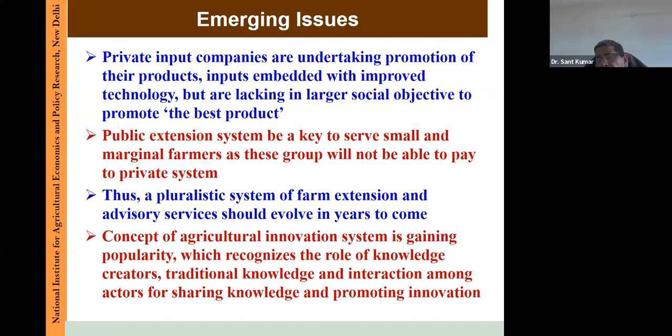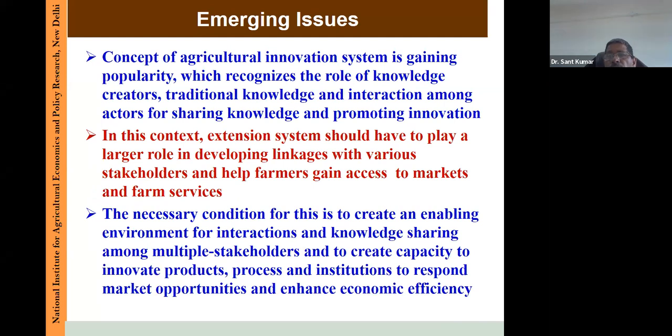So the concept of agriculture innovation system is gaining popularity, which recognizes the role of knowledge creators, the traditional knowledge, and interaction among the actors for sharing knowledge and promoting innovation.